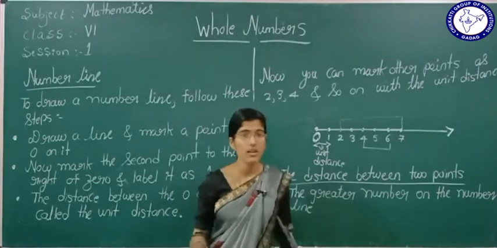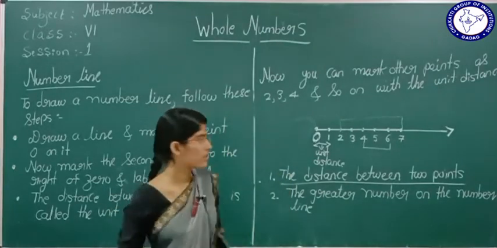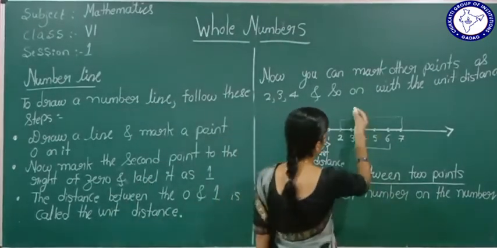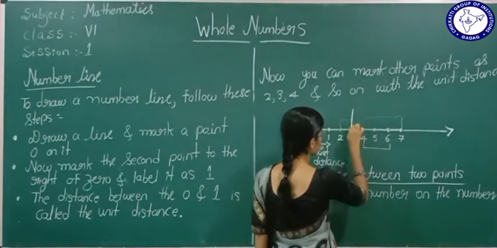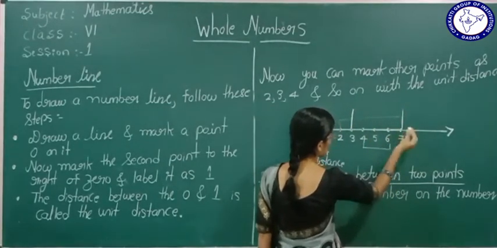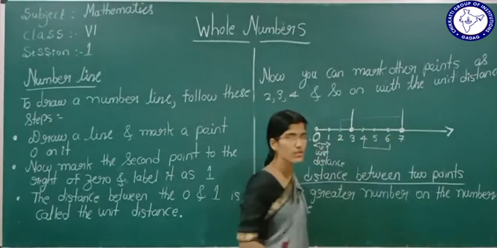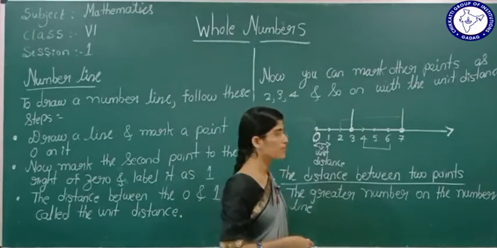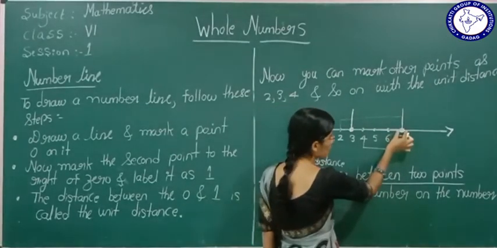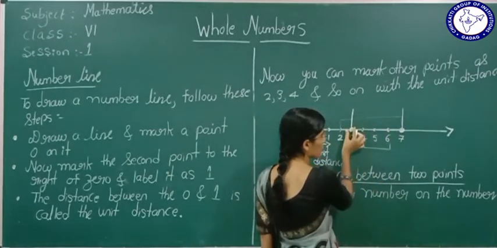What I am telling? The number on the right. Now see here, 3 is there and here 7 is there. If I ask you whether 3 is greater or 7 is greater, you will tell 7 is greater. Why? Because the number on the right is always greater than the number on the left.